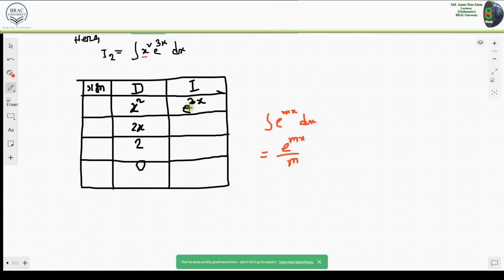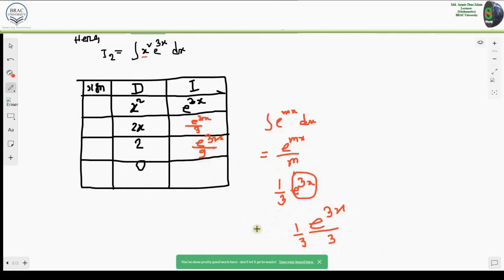So here we have e to the power 3x, that means the integral will be e to the power 3x over 3. Again we have to integrate e to the power 3x. That means repeated integration is done. So e to the power 3x integration will be again e to the power 3x by 3, and before we have 1 by 3 again, so it is e to the power 3x by 9.